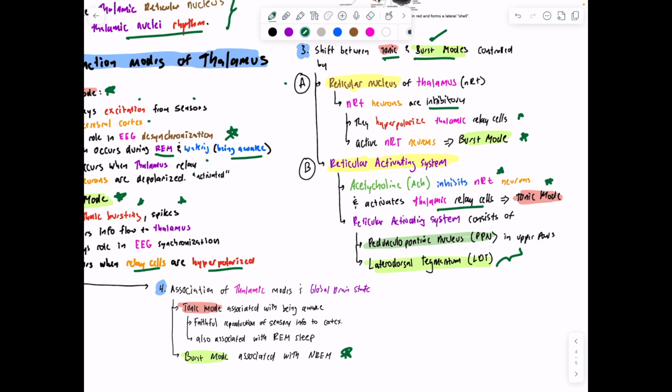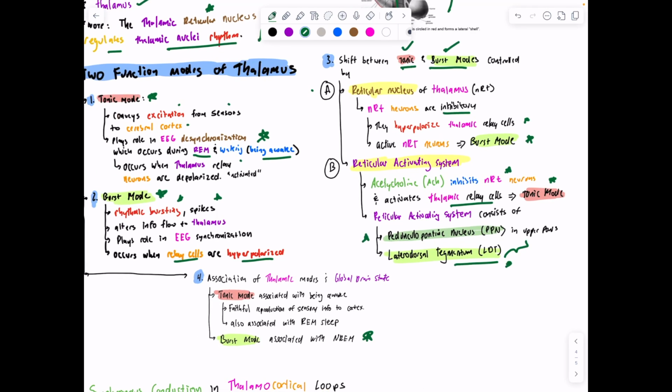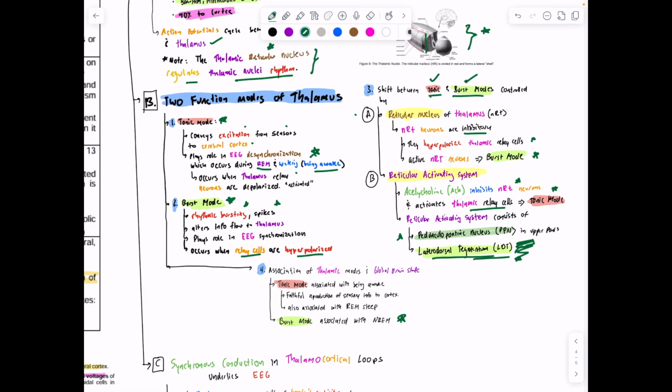The reticular activating system consists of the pedunculopontine nucleus, PPN, and the lateral dorsal tegmentum, LDT, in the upper pons, which is part of the brainstem. So pons is brainstem, and lateral dorsal tegmentum is also brainstem.